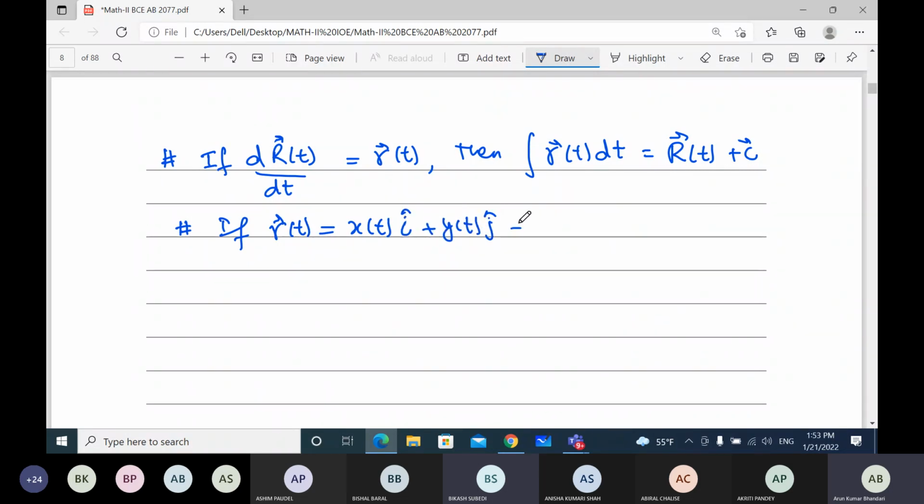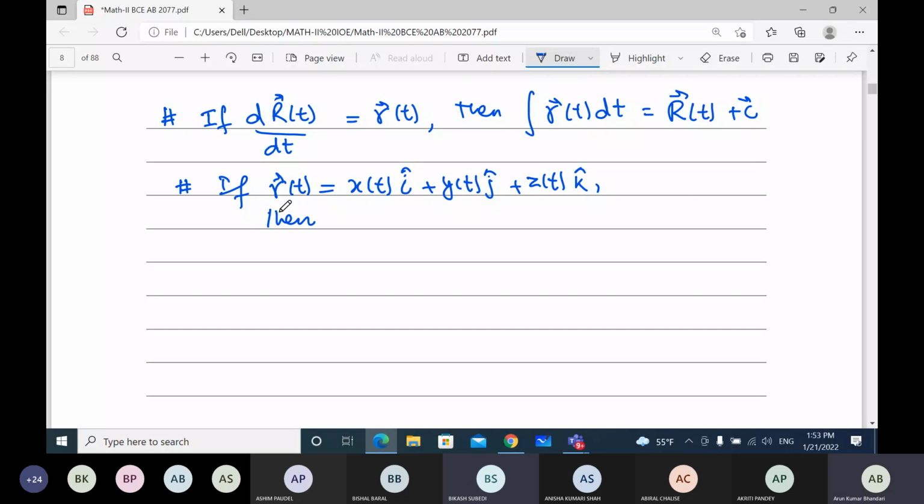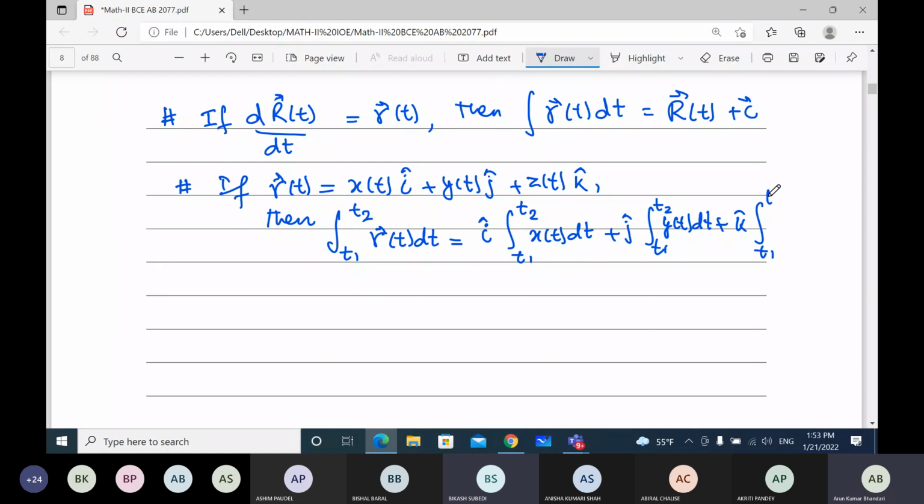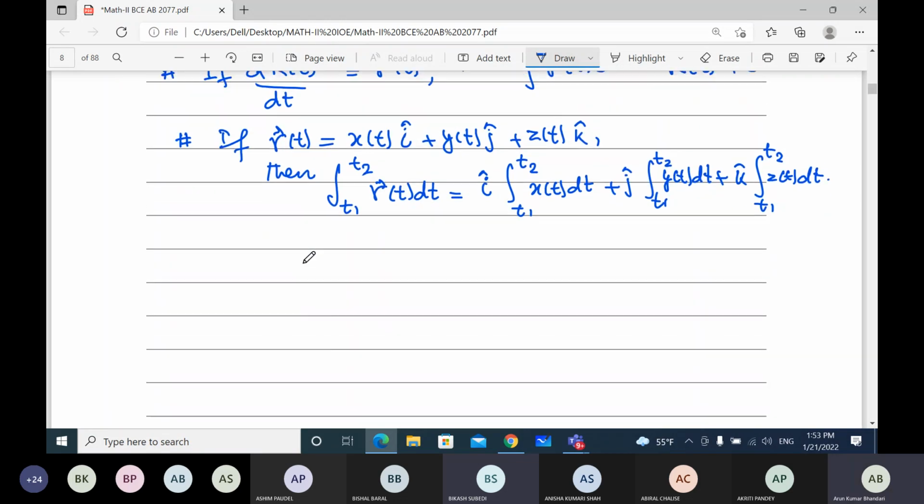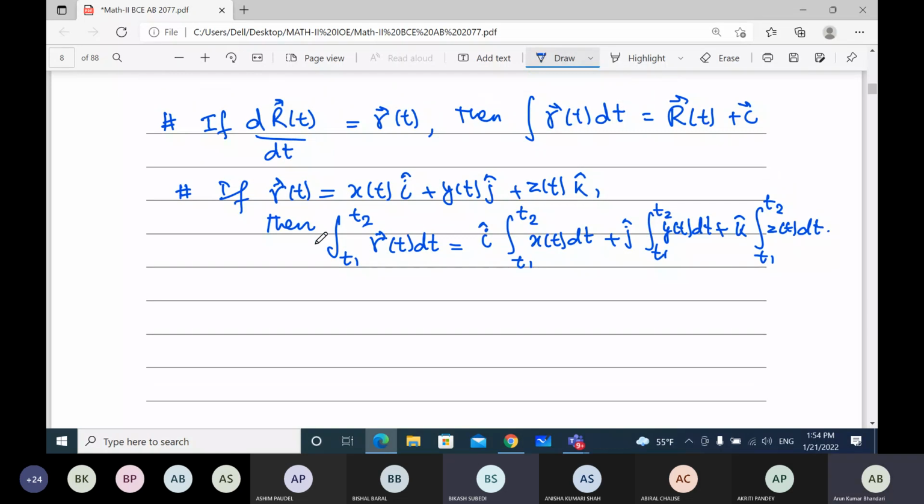the integration from t1 to t2 of r(t) dt is i times the integration from t1 to t2 of x(t) dt, plus j times the integration from t1 to t2 of y(t) dt, plus k times the integration from t1 to t2 of z(t) dt, component-wise like derivative. If you know these two concepts, you can handle the problems from the integration of vector function of scalar variable.